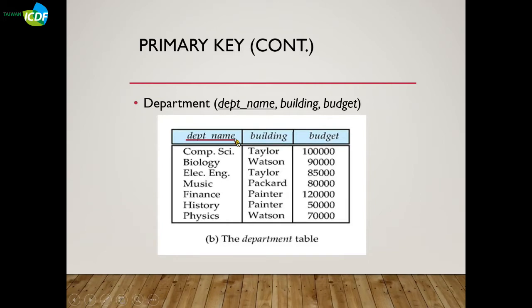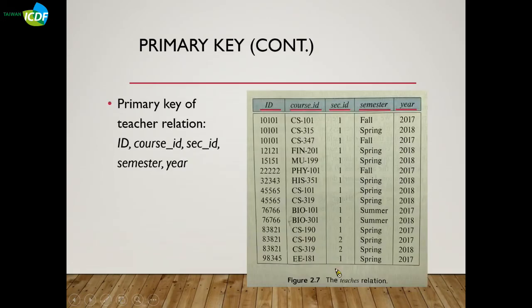Because the primary key consists of a single column, we can use the values of department name to find out a specific tuple in this table. If we use Biology, we can easily find out the other columns associated with this tuple.